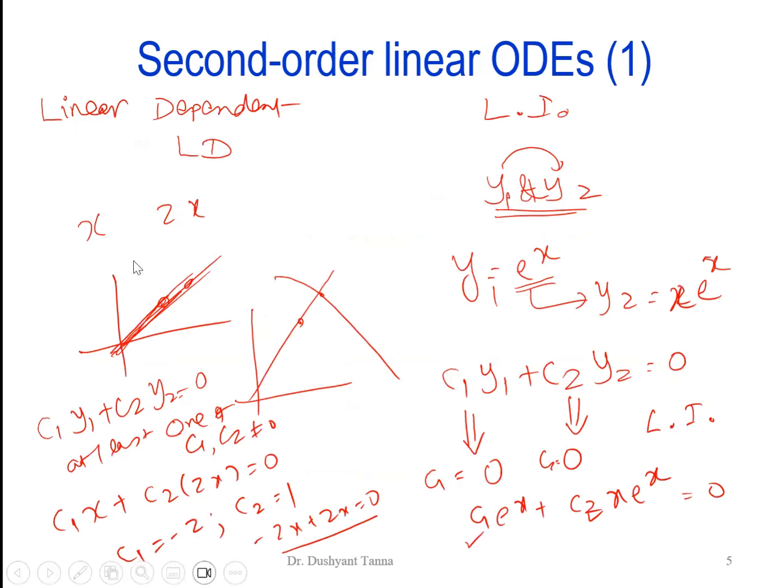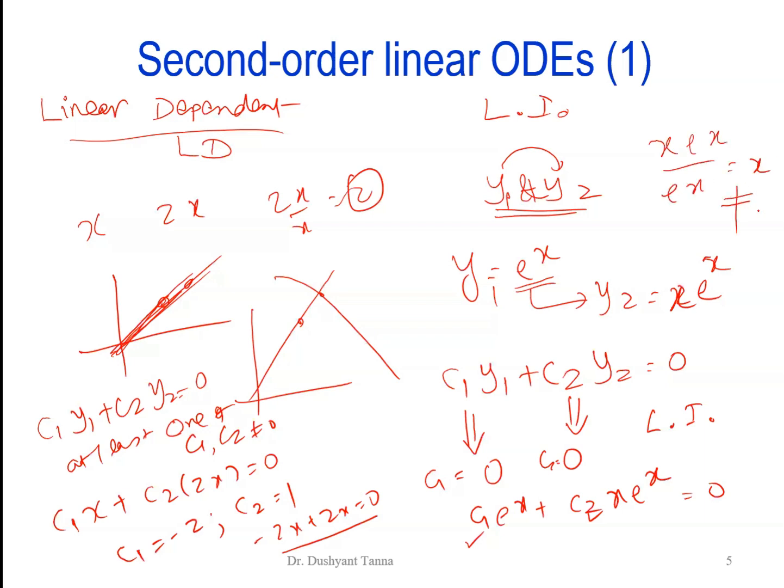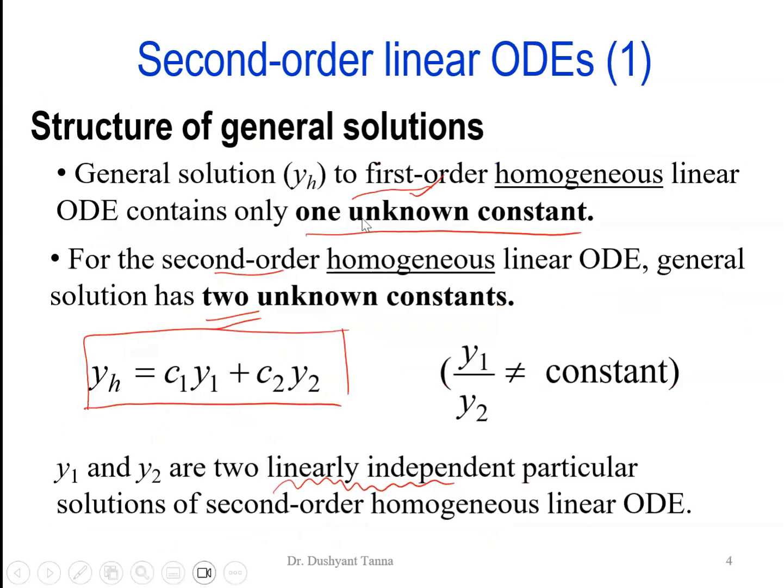In this case you can see it's a constant: 2x over x, which is 2, is a constant, so the solution is linearly dependent. But in the other instance, x e raised to x over e raised to x is x, which is not a constant, and therefore that is a linearly independent solution.